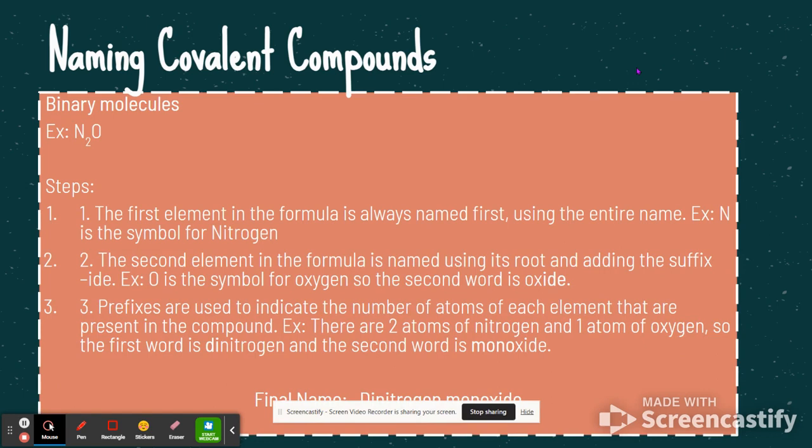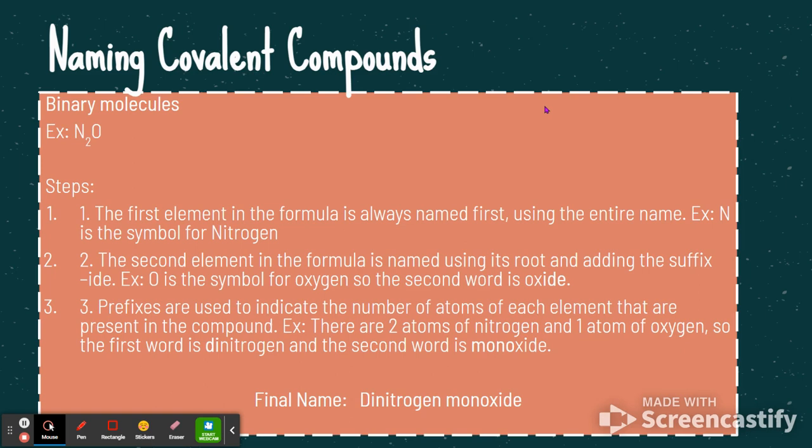All right, so we're going to go ahead and get started here. You're going to be following along in your notes with me, and we're on naming covalent compounds. So we have our binary molecules that we're going to be naming. There are bigger molecules with covalent than just binary, but we're going to be focusing on just those.